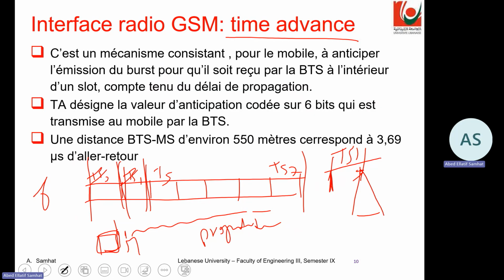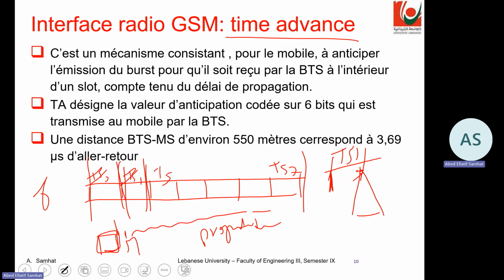It lets the mobile start the transmission before the exact time slot, to be sure that the information will arrive at the base station at the exact time. This depends on the position of the mobile in comparison to the base station.